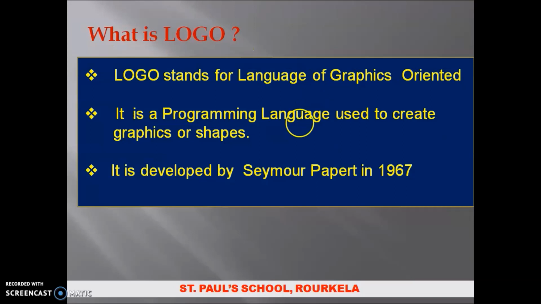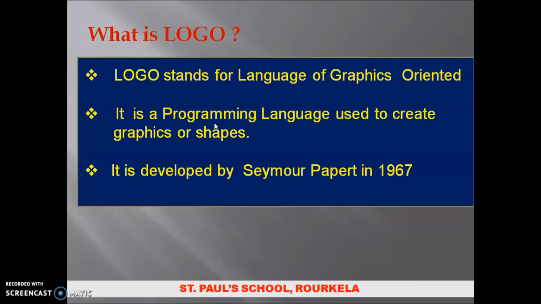Then what is logo? Logo stands for language of graphics oriented. It is also called language oriented and graphic oriented. Both are correct. So a language of graphic oriented means logo. It is a programming language used to create graphics or shapes. What do you mean by programming?